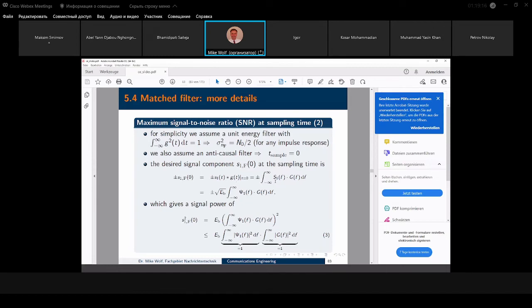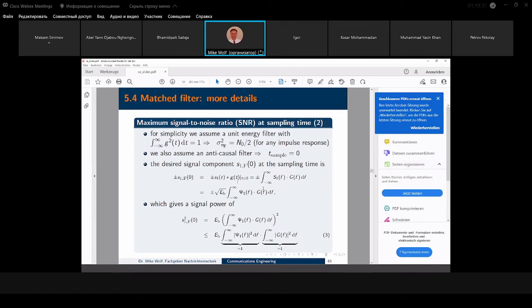So if I multiply S1 of f with G of f, I get what I call W of t in the time domain, W of f in the frequency domain. But if I'm interested in W of t equal to 0, this is just the area in the frequency domain.